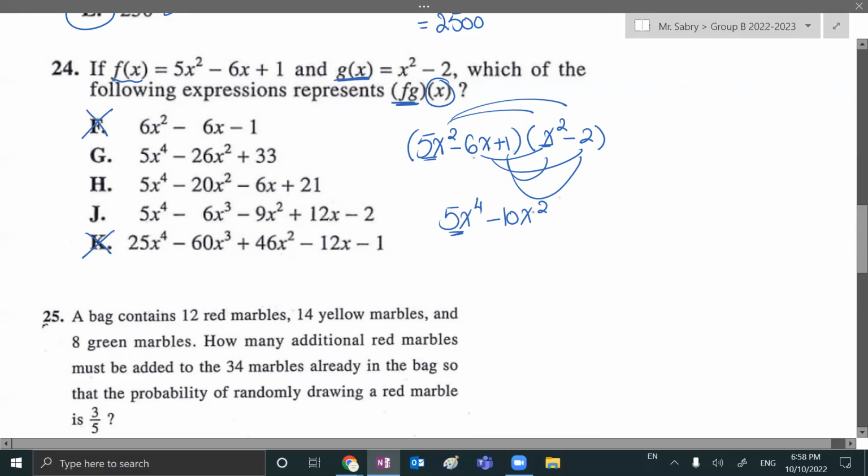Negative 6x multiplied by x squared gives me negative 6x to the power of 3. Then negative 6x multiplied by negative 2 is positive 12x. There are no like terms so far. Then 1 times x squared gives another x squared, and 1 times negative 2 is just negative 2.